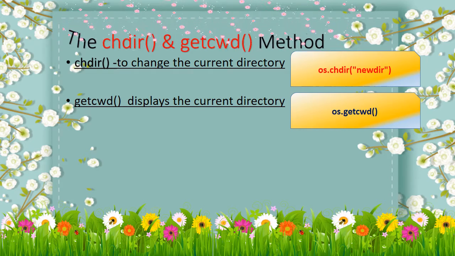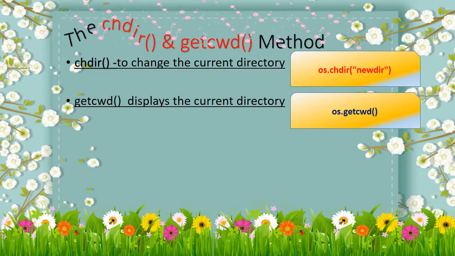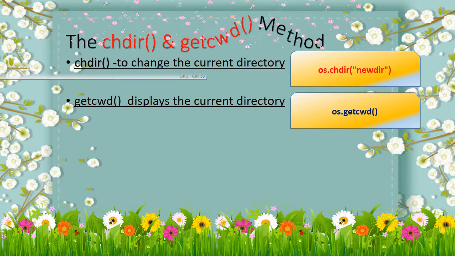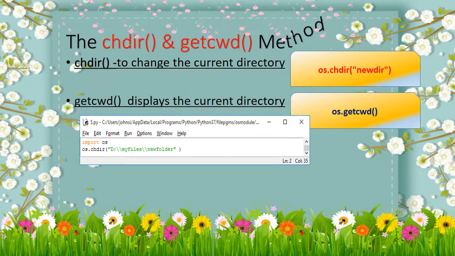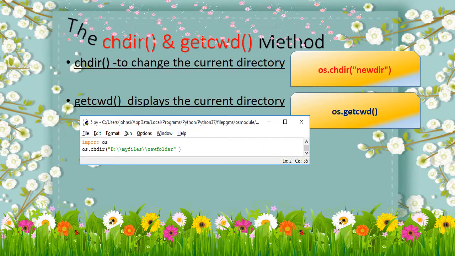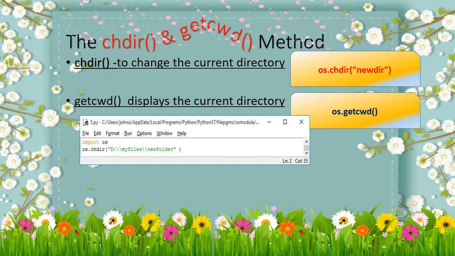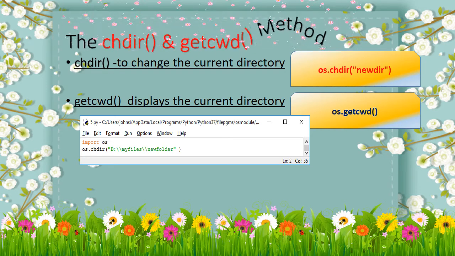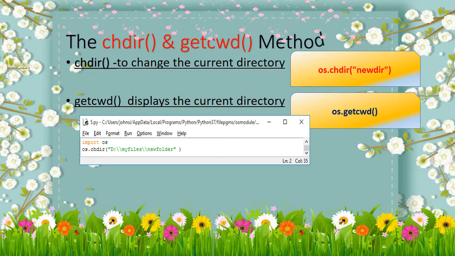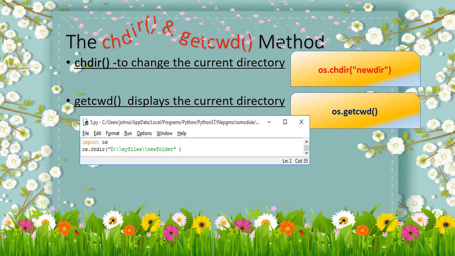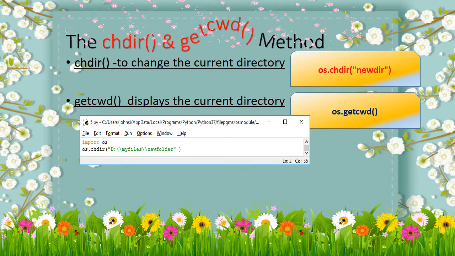See here an example: import os, os.chdir of D colon my files new folder. This program is saved under the folder file programs, OS modules subfolder, but we want to change this location to D colon my files new folder using the function chdir. When you execute this program we get this result.